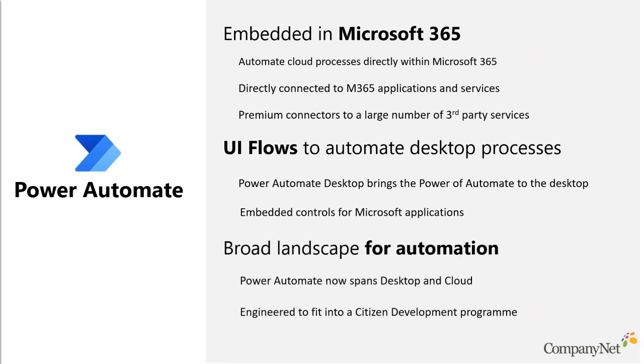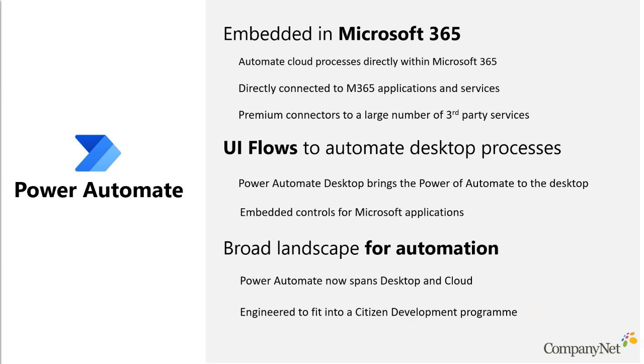And then the broad landscape for automation. So Power Automate now spans obviously desktop and cloud with advancing interconnectivity. There's certain elements that you can pull and utilize now, but the way that Power Automate Desktop is evolving, it's only going to get better, and you're only going to be able to integrate them more and more as time goes on.